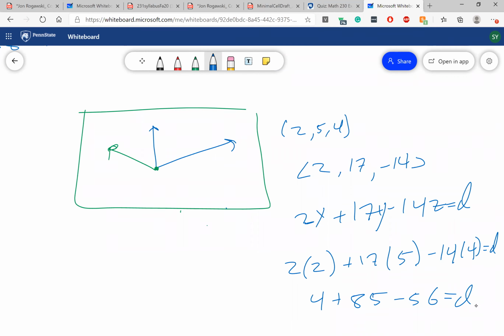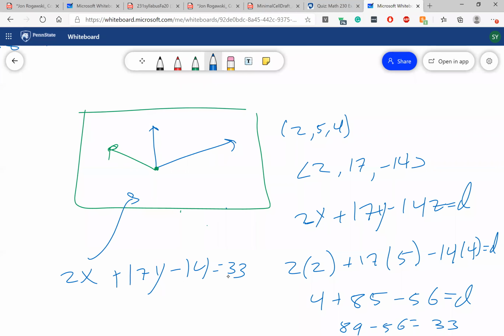So this is 89 minus 56, and that is 33. So the equation of our plane is 2x plus 17y minus 14z is equal to 33.